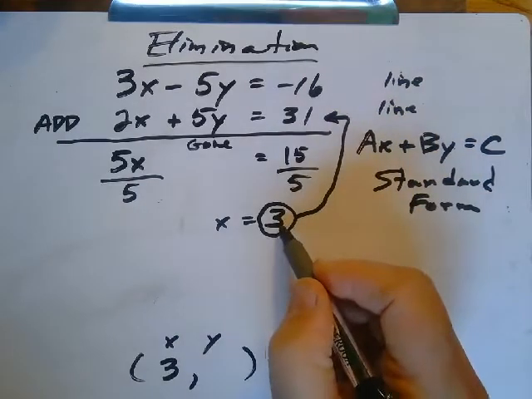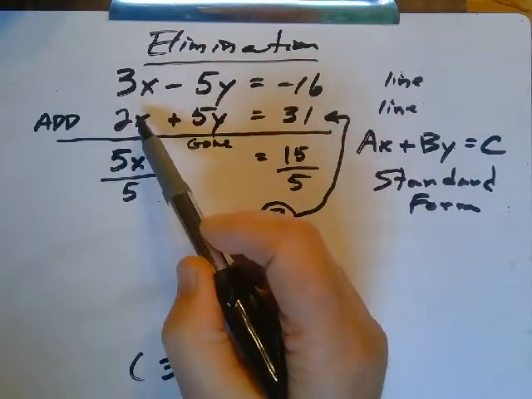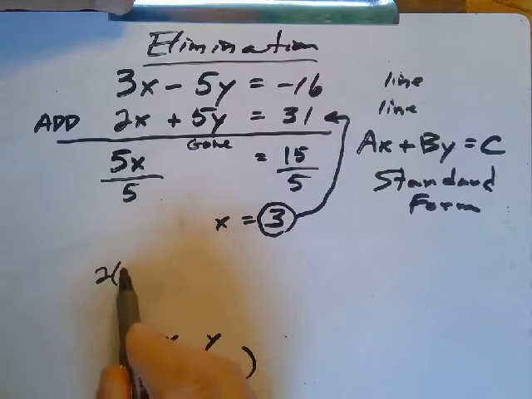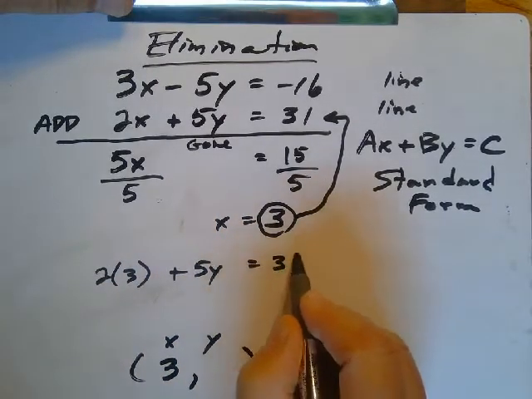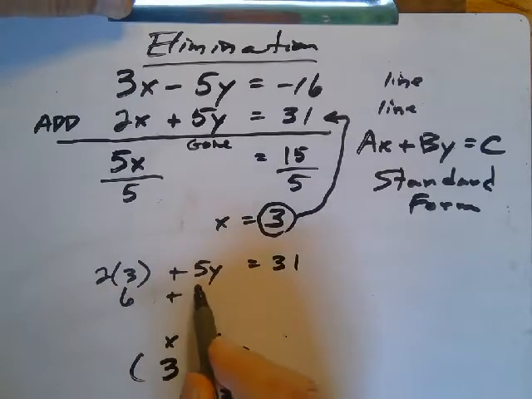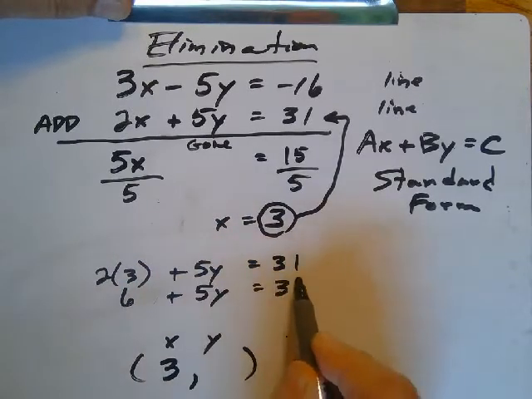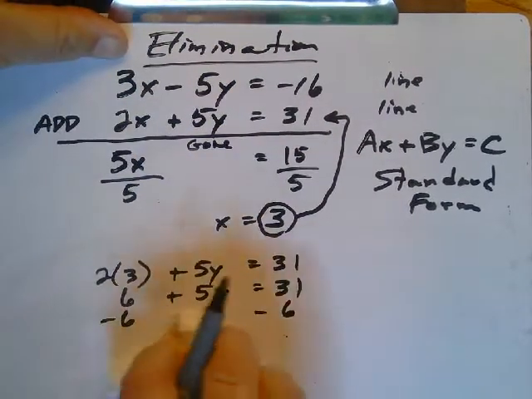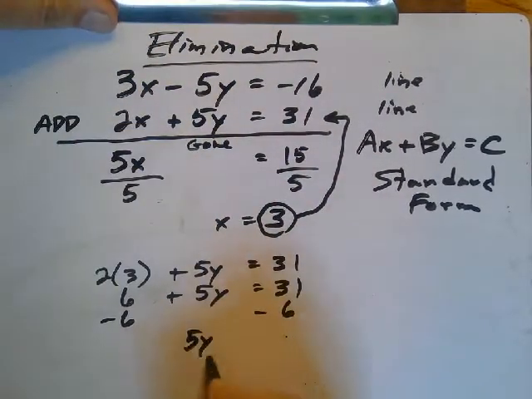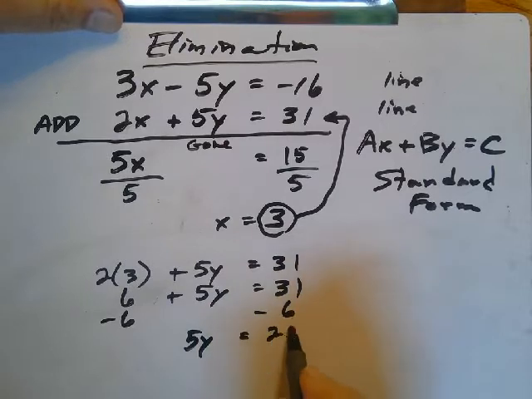Okay, x is 3, so we're going to put in 3. So 2 times 3 plus 5 times y equals 31, or 6 plus 5y equals 31. Subtracting 6 from both sides, I'm all out of room here, and I get 5y equals 25.